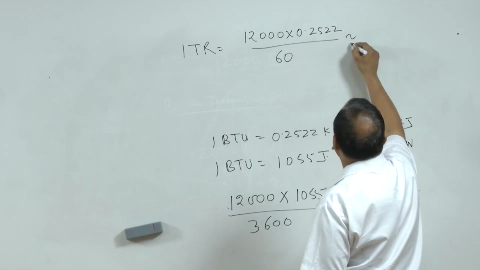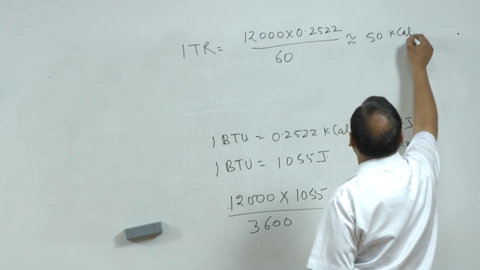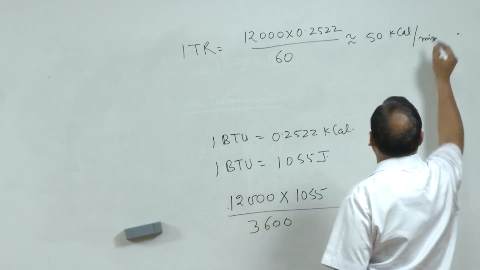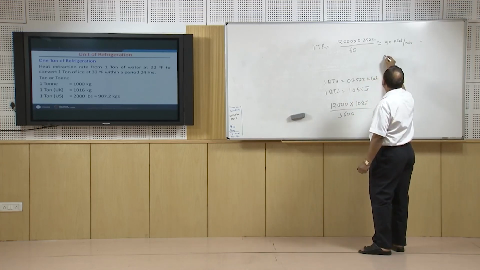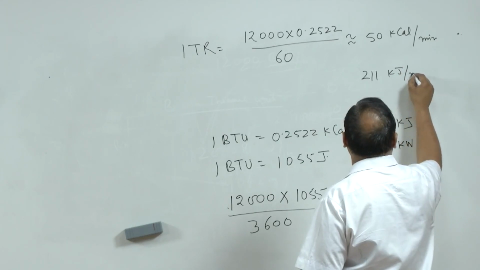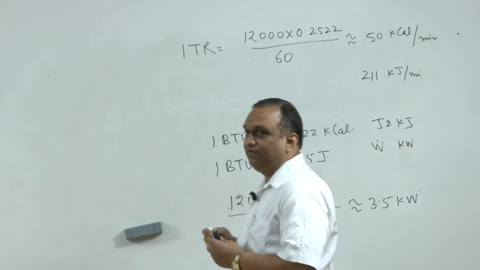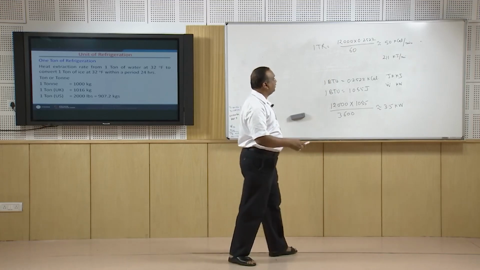It comes to approximately 50 kilocalorie per minute. It is also expressed in kilojoules per minute, exactly 211 kilojoules per minute. So per minute, in the MKS system it is 50 kilocalories per minute.